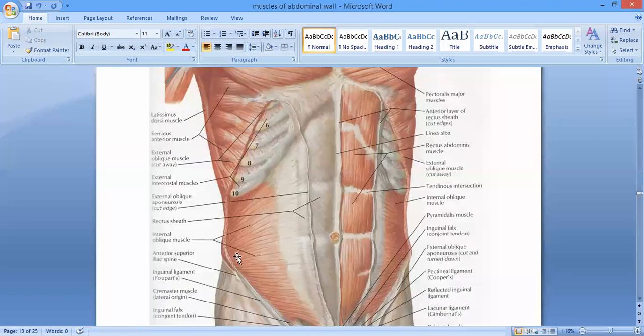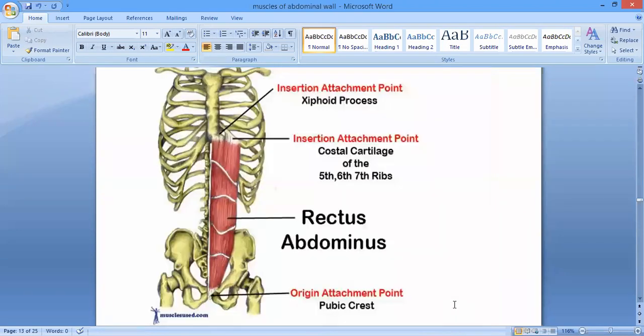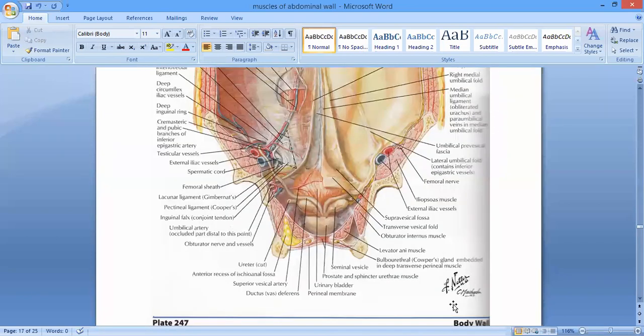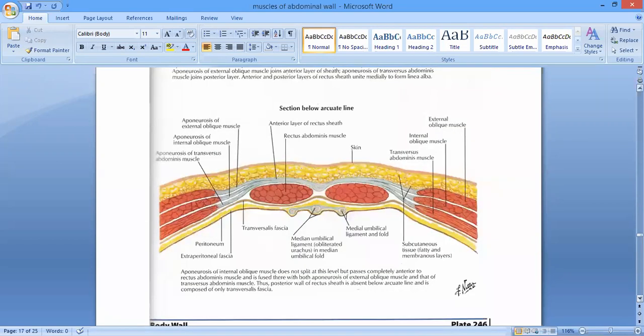Now below this level over here, anterior superior iliac spine से नीचे ये जो wall है, anterior wall is totally formed by the 3 aponeuroses. Posteriorly this wall is deficient. I'll just show you somewhere else. इस पिक्चर पे आपको ज्यादा clearly you can feel that. ठीक है बेटा?